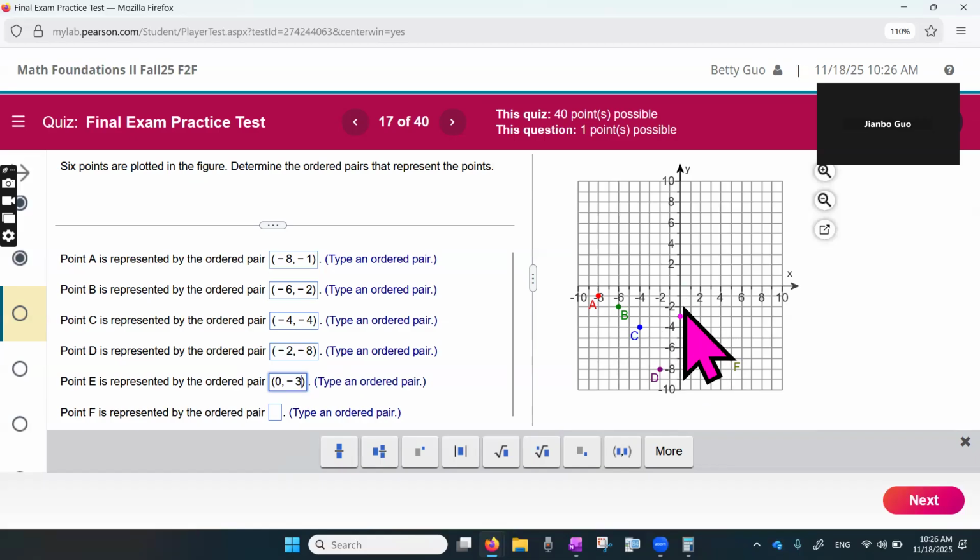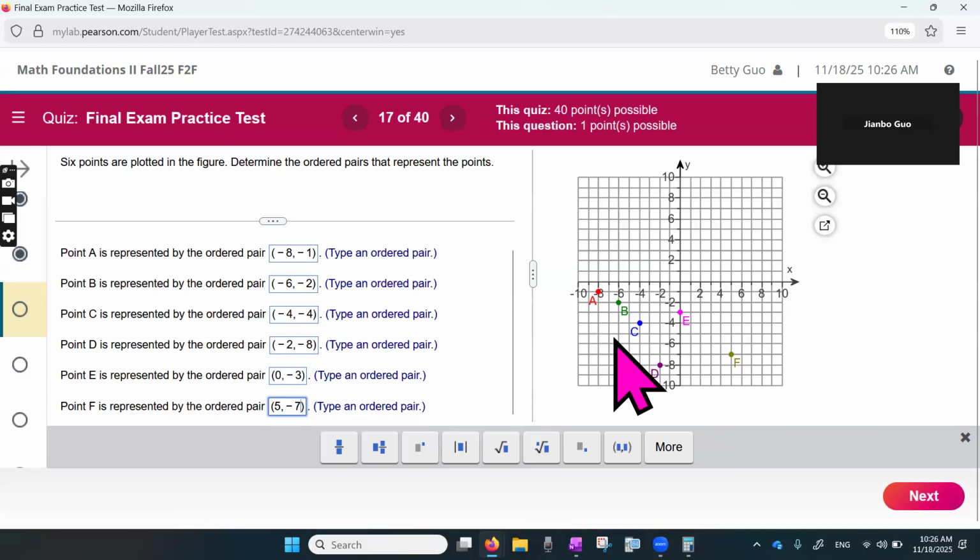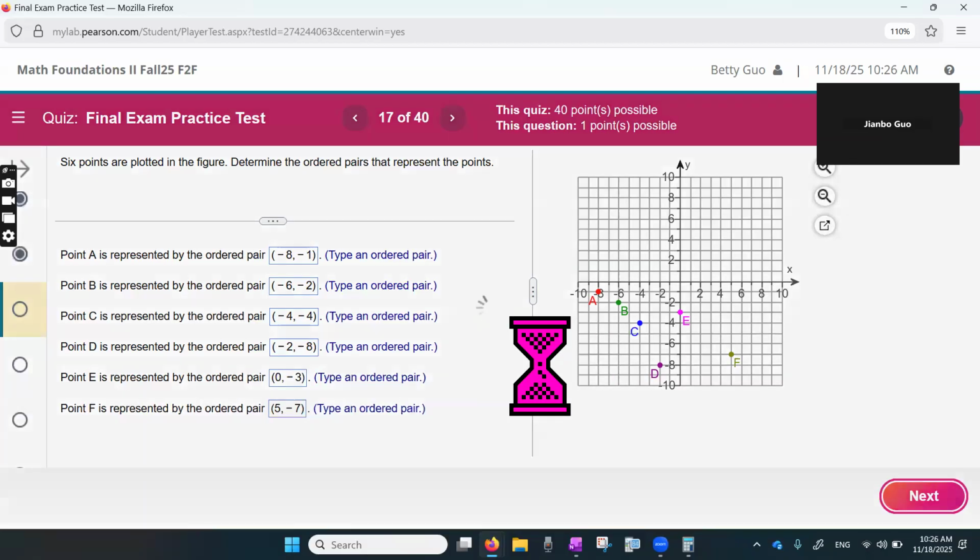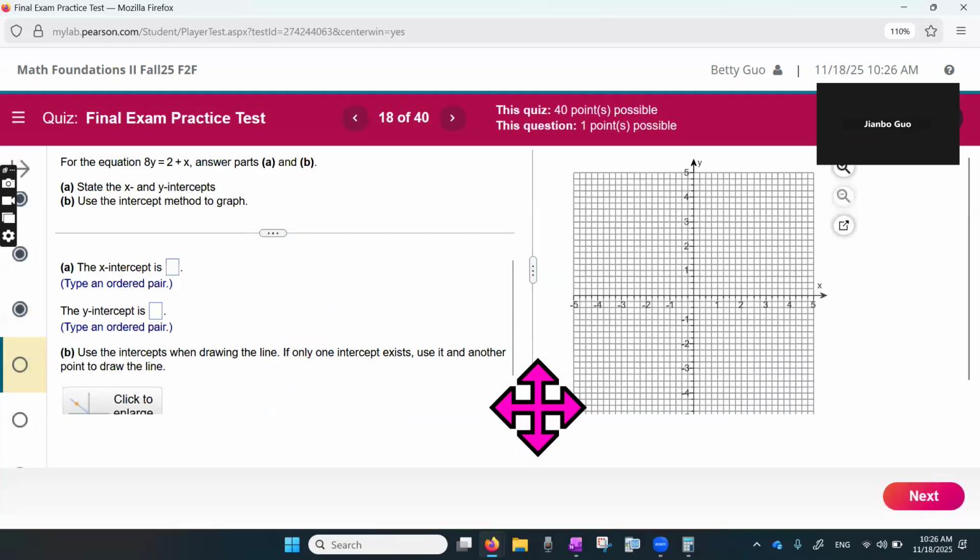Zero, comma, negative 3, and this one is 5, comma, negative 7. All right, that's it. Finally, question number 18.